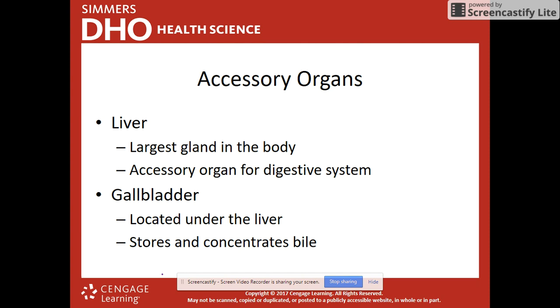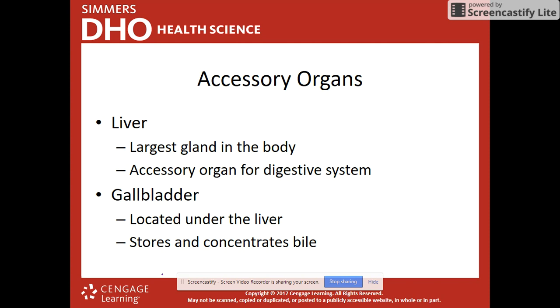So any drug, being anything over the counter or illegal, and alcohol is all going to get detoxified in the liver. So it's going to be our filter to clean the blood out. Okay, so those are all the jobs of the liver.